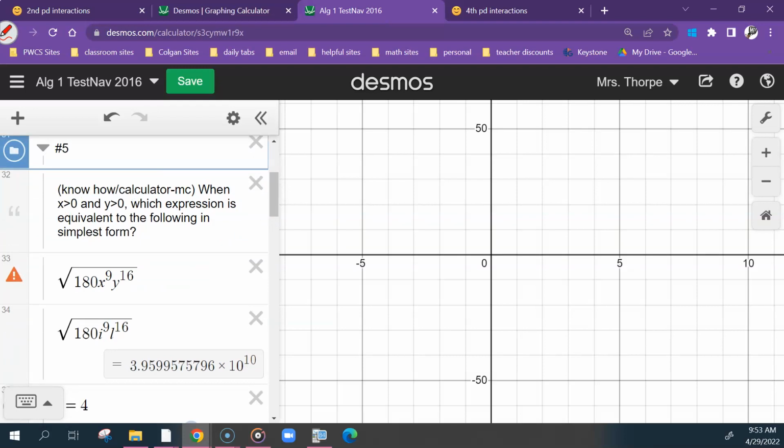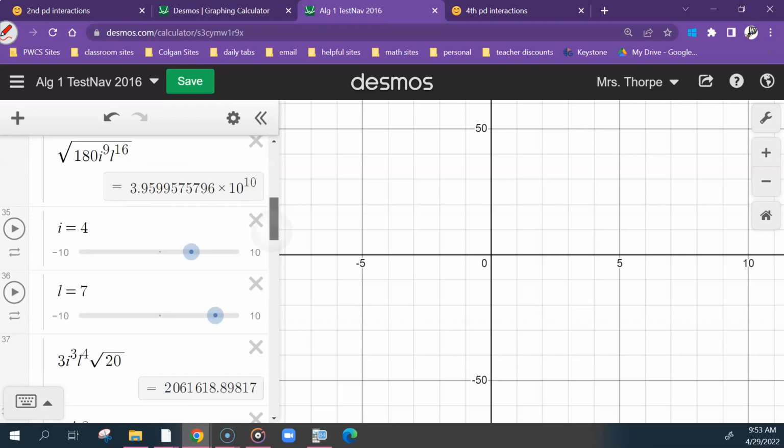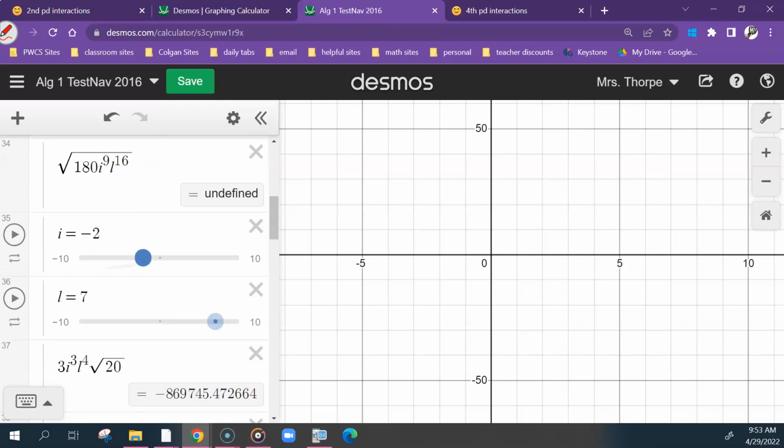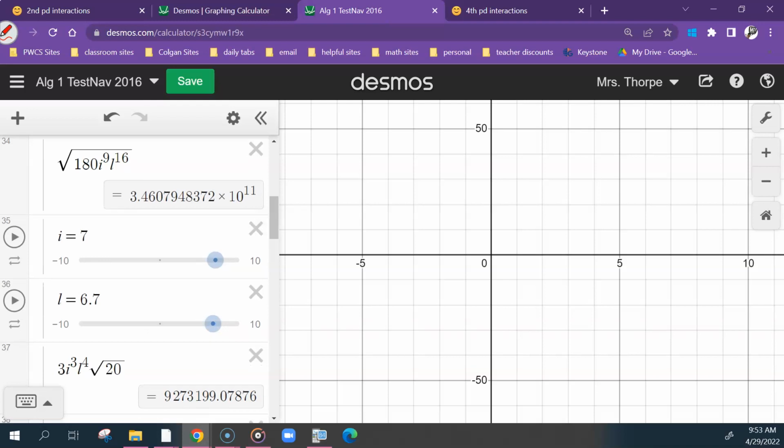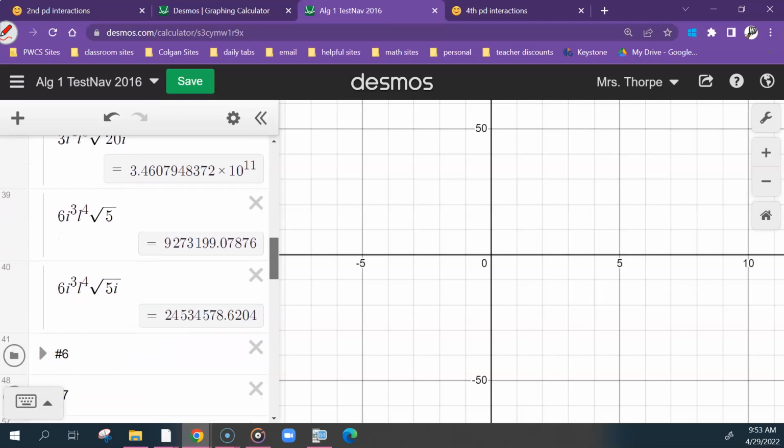Same thing I said before, you can put in different variables that are not x and y and see if the numbers match. So here I have I and L as my variables instead. Change both of them to something that's not 1, it doesn't matter what they are, and look for which ones match. So we're looking for 3.60 something.